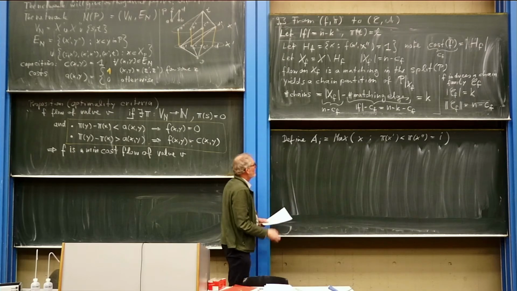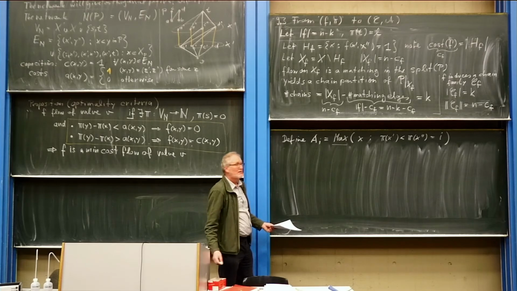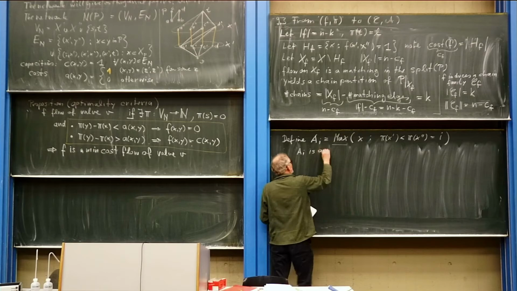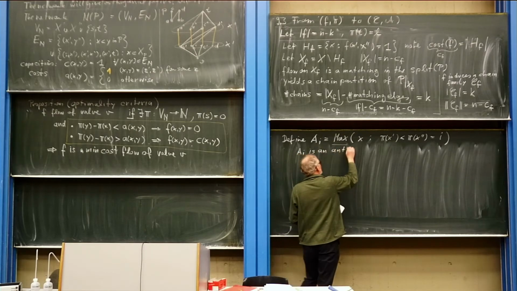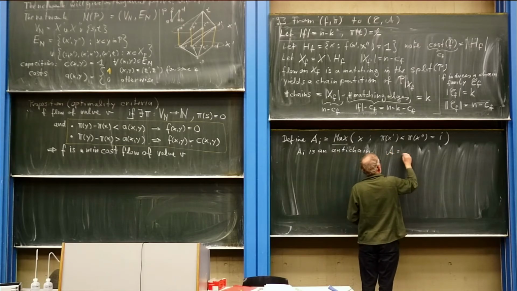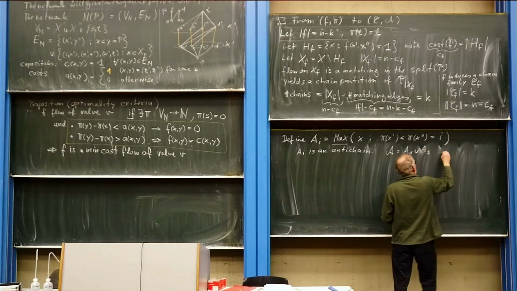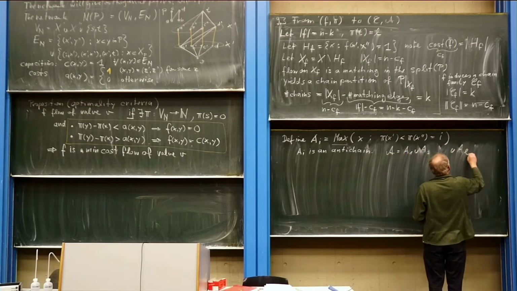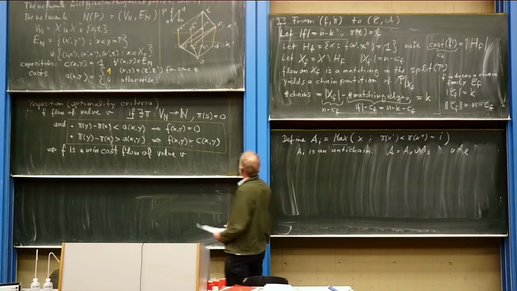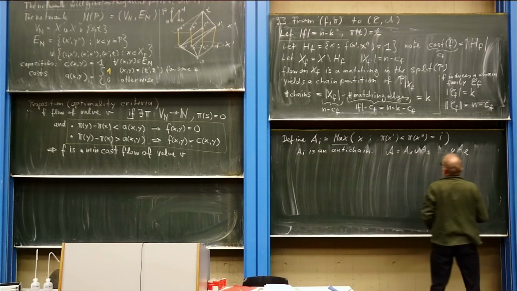So because of this, taking just the maxes, we see that A_i is an antichain, and A equals A1 union A2 union ... union AL. We can go up to the total potential, which is L by definition.